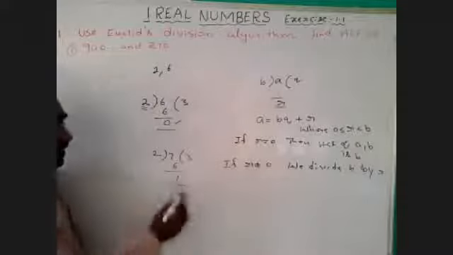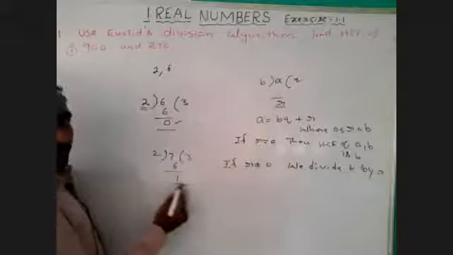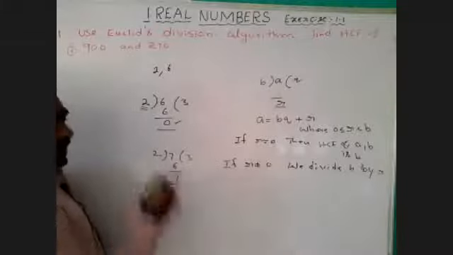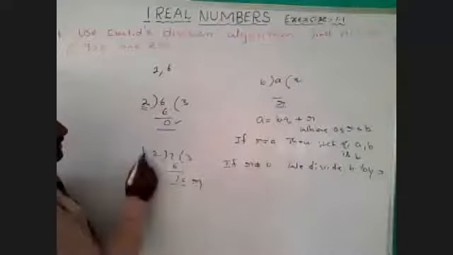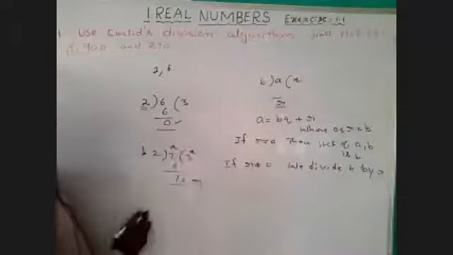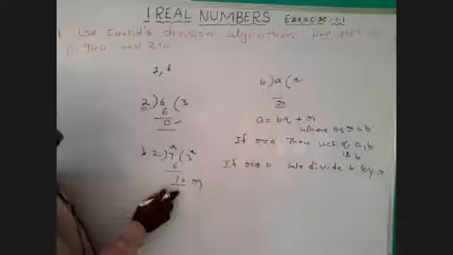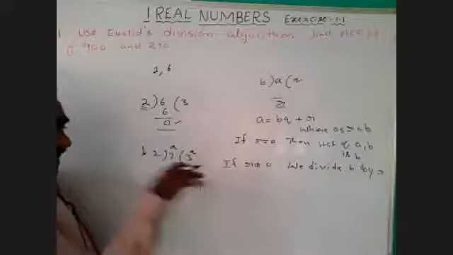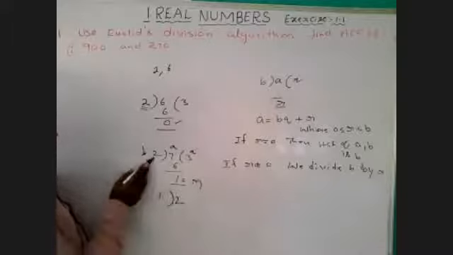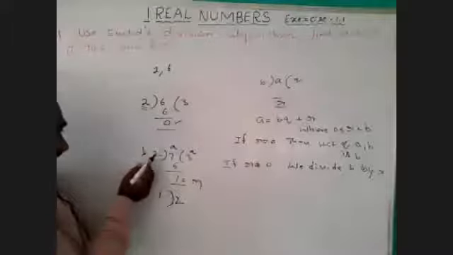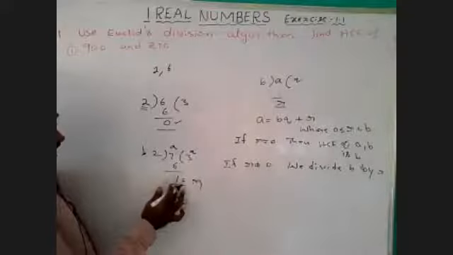If R is not equal to 0, we divide B by R. This is R, this is B, this is A, this is Q. B is 2, divided by R which is 1. The divisor is taken as the new dividend and R as the new divisor.